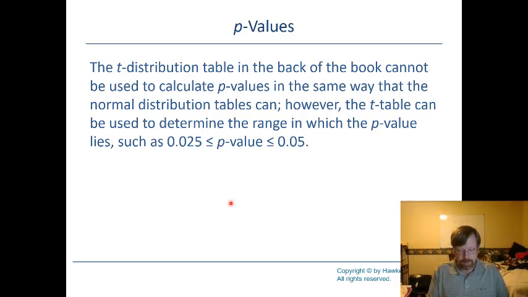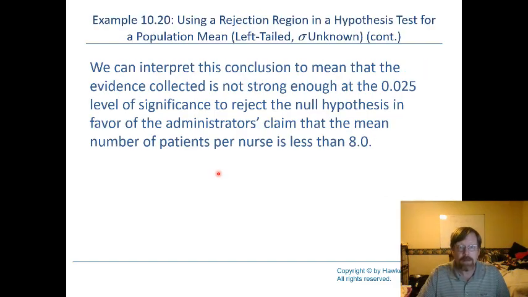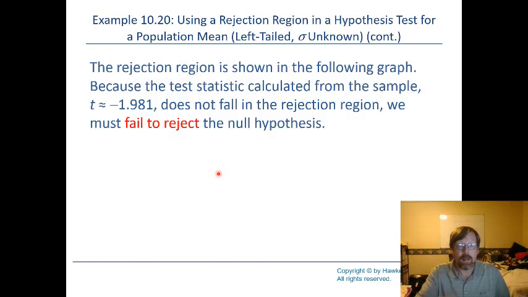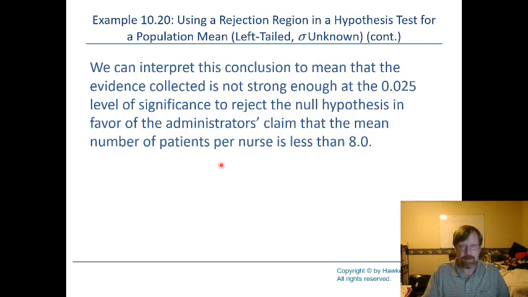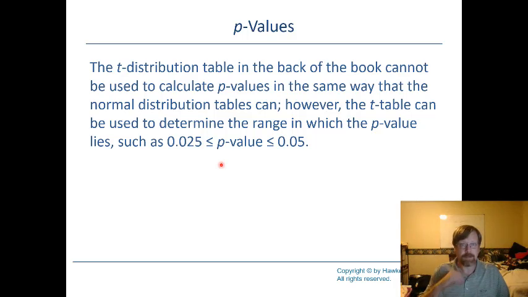And my t-score was 1.981. So at 18 degrees of freedom, I can see that at 0.05, the critical t-value is 1.734, and at 0.025, the critical t-value is 2.101. So I can see that my p-value is somewhere in between those two. So I can find the range of the p-value, and our actual p-value would be in that range.